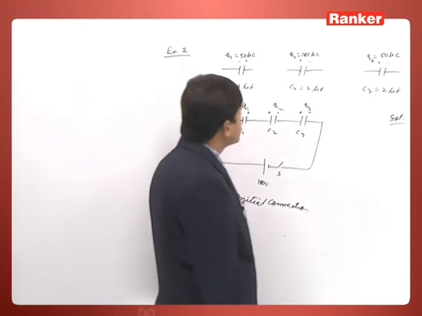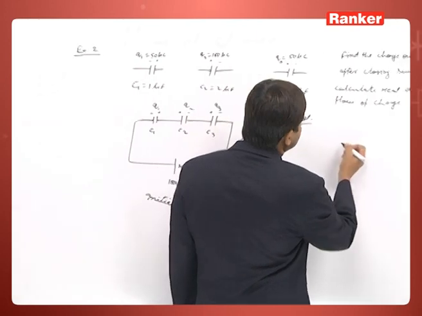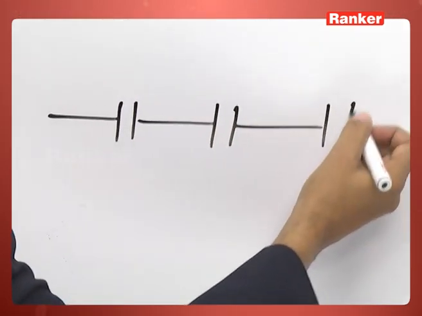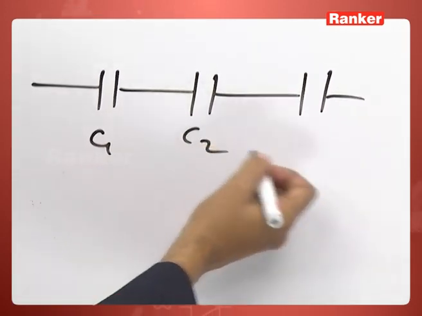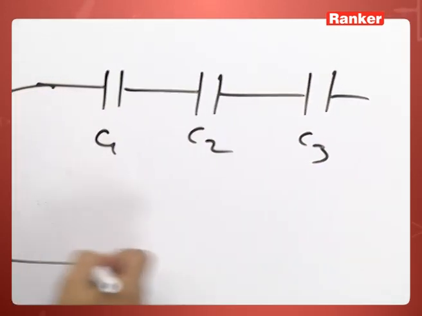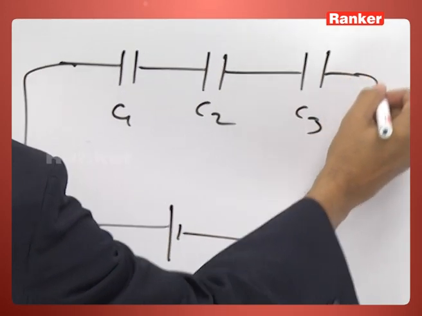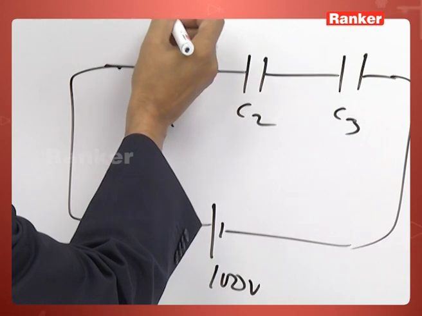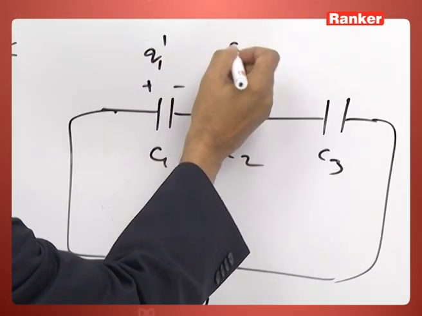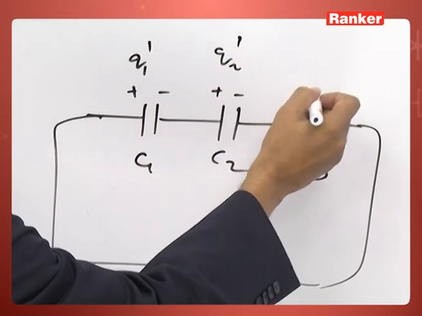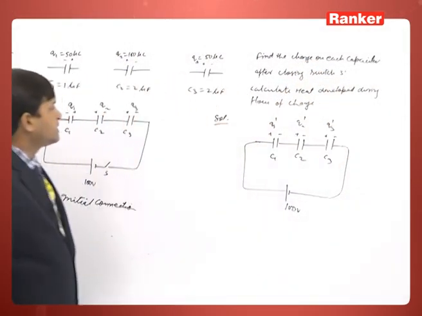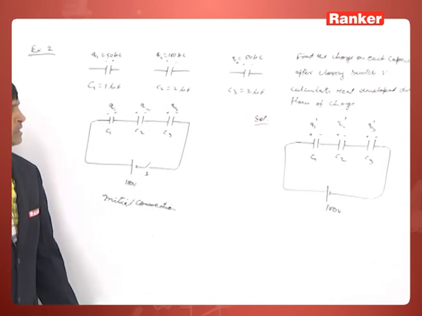So we don't know, so we can say let the final distribution of charge be like this. These are 3 capacitors, and 100 volt this. Let me assume this is your Q1 dash, this is Q2 dash, and this charge is your Q3 dash. This is just our assumption.